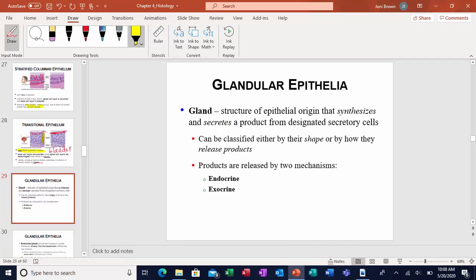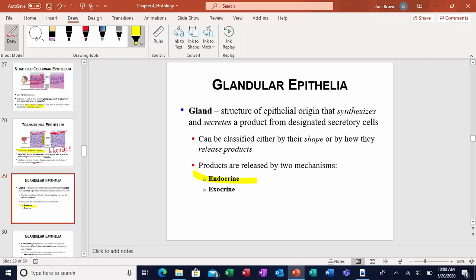Then we need to talk about glandular epithelium, because glands are epithelial and they make and secrete a product from their cells. We can classify them by shape or by how they release the products. There are two main types of glands.